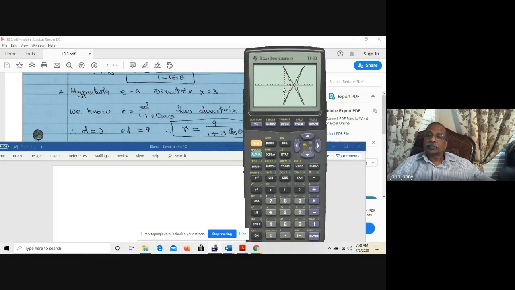See, the focus is at the origin and here it is. So that is the graph. e is equal to 3 and directrix is x is equal to 3. X 1, 2, 3. Directrix is somewhere here. x is equal to 3. And the focus is the origin.